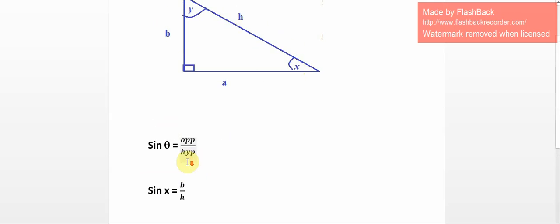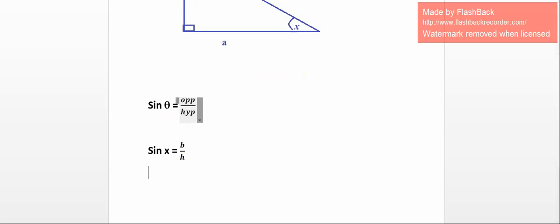If I'm looking for the ratio for sine y, it will be equal to the opposite to y, which is a, over the hypotenuse, which is h. So take note of that.